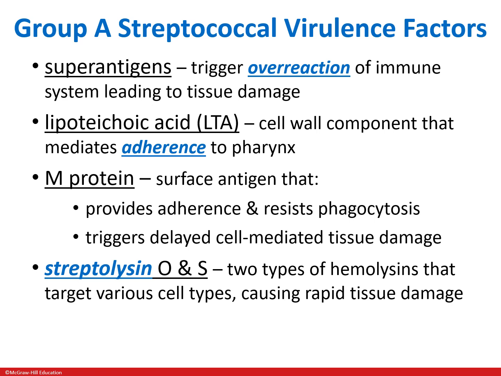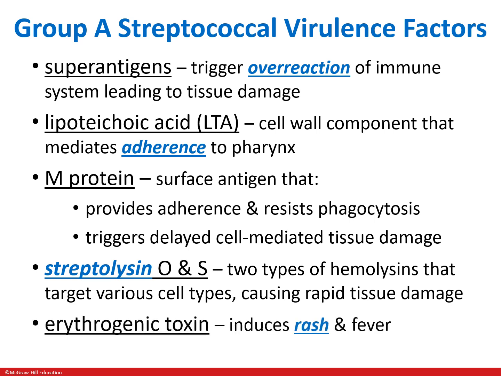There's a certain assay that they can do, and if it lyses the chicken blood cells, then it's detecting these enzymes. But in the human body, it basically just targets and damages the cells lining the throat and can cause tissue damage there. There's also erythrogenic toxin, which is partly what triggers the rash and fever associated with strep throat.